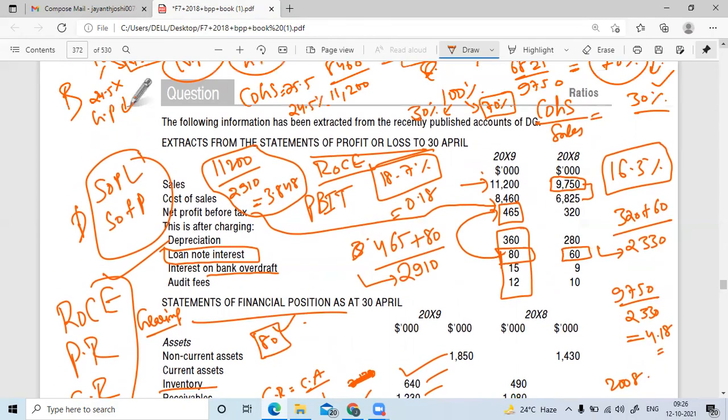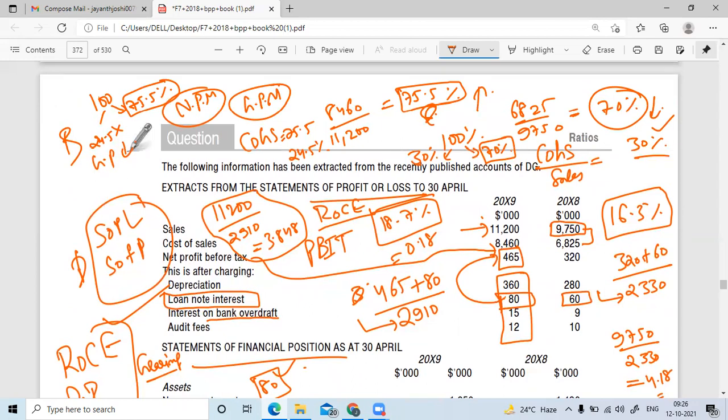Point number 2, you try to compare just one thing. 465, just all of you just do one thing. 360 plus 15 plus 12, how much this is? Please tell me. 388, sir. 388. And what about 280 plus 9 plus 10? This is 290 plus 9, 299, correct? Yes, sir. So 388 by 11,200 and 299 by 9,750.